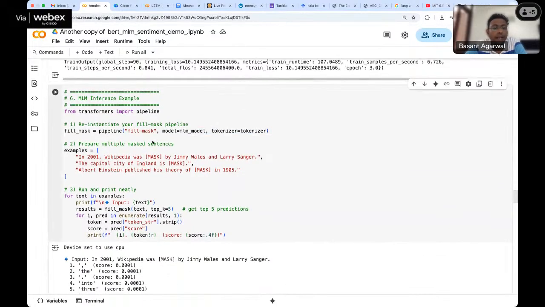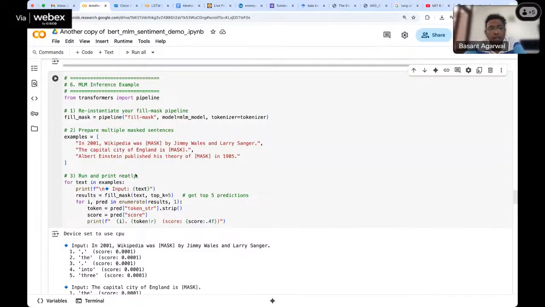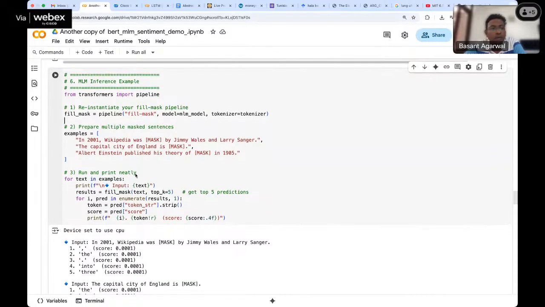Now, this is an example which you can run on your system, just to show you what we have learned from our model. This is creating a pipeline in which we give the model and tokenizer to the pipeline function.